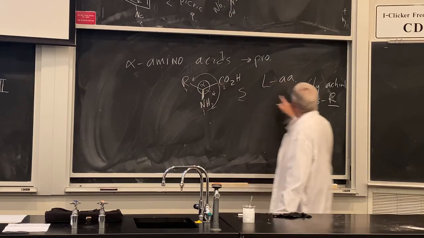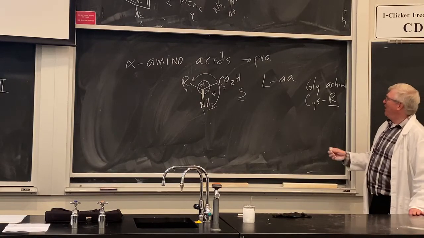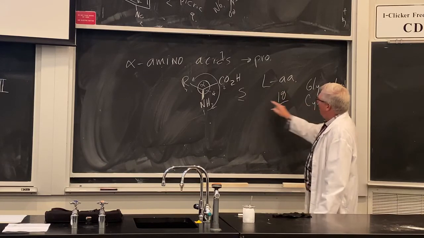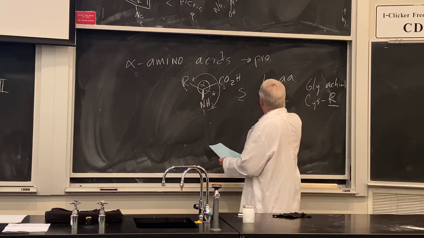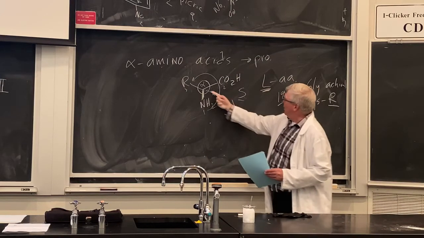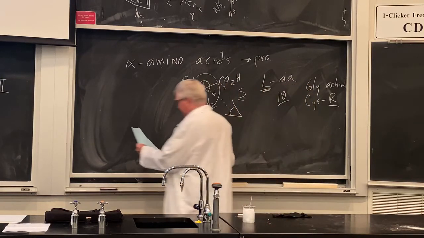So that actually rotates clockwise. But all the other amino acids, and there are 18 other ones, will all have the S stereocenter right there. Now, what about this L thing here? Well, if we put our eyeball right here and look down this middle carbon right there, look at the front of that, the view we'll have is this.